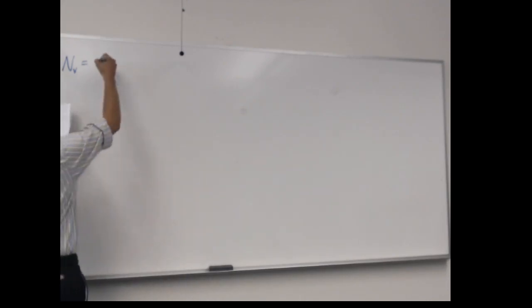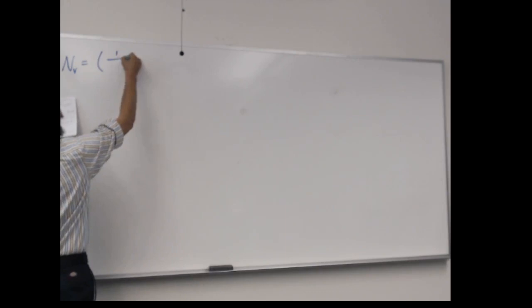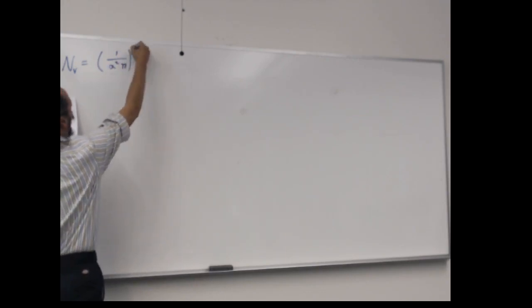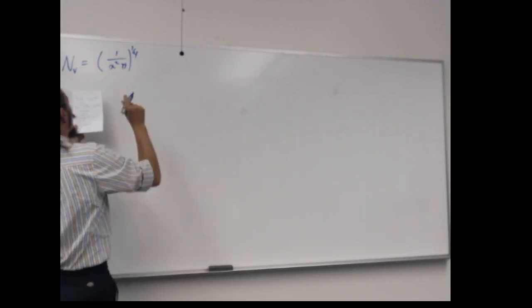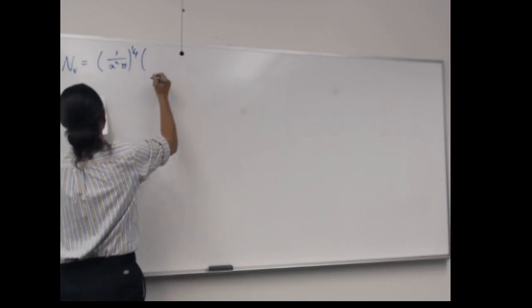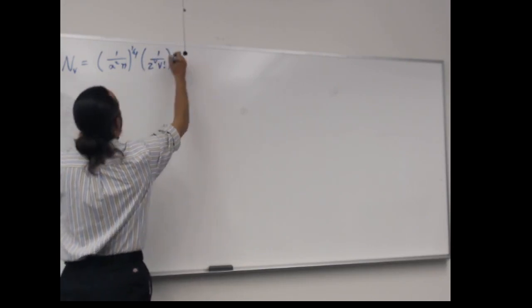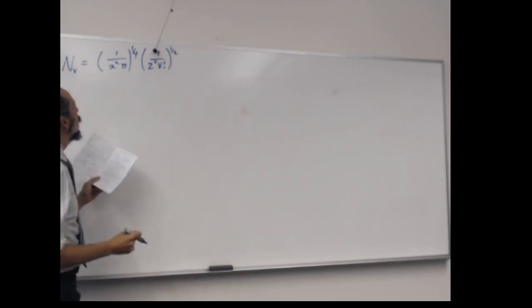But there is an equation that just gives us the normalization constant. It's 1 over alpha squared pi to the 1/4. And yes, there are ways to rewrite this, but this is the one that's simplest to me. 1 over 2 to the power of v, v factorial to the 1/2.